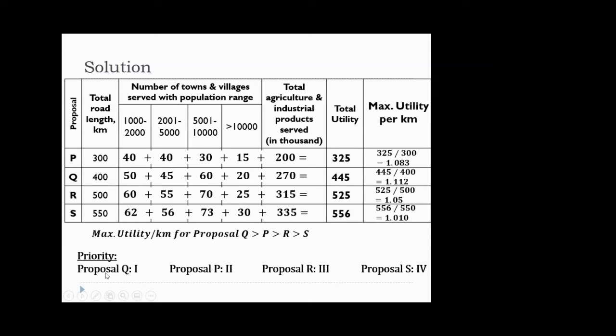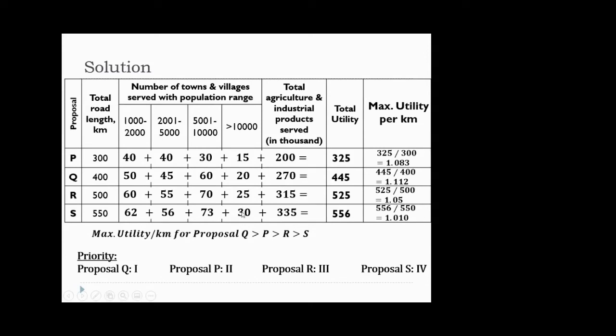This priority came in the sequence of the maximum utility per kilometer for the proposal. The road which has the maximum value of utility per kilometer goes first in the priority, and then the order follows likewise. So it's a very simple numerical.